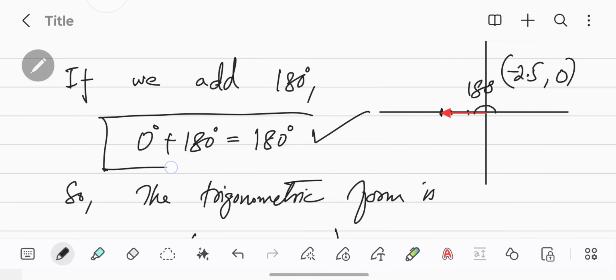This is my argument. So you have to find the argument carefully. If you find the argument carefully, then you can easily convert the Cartesian form of the complex number into the polar form.